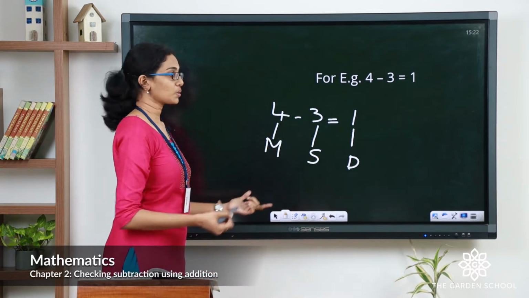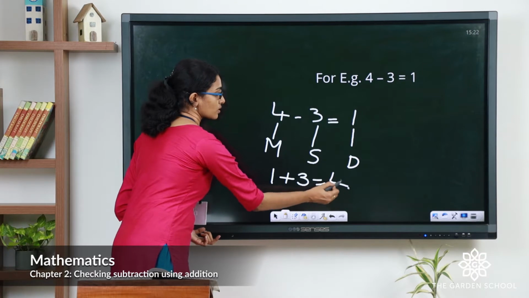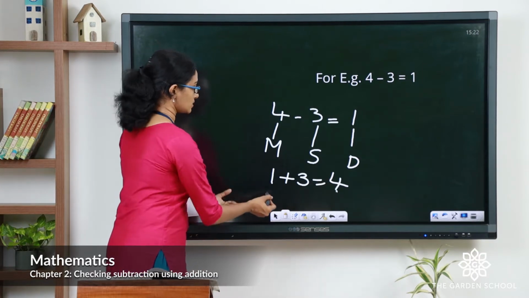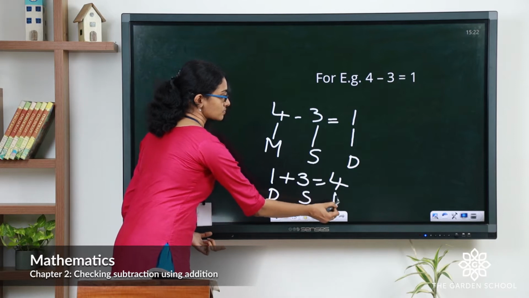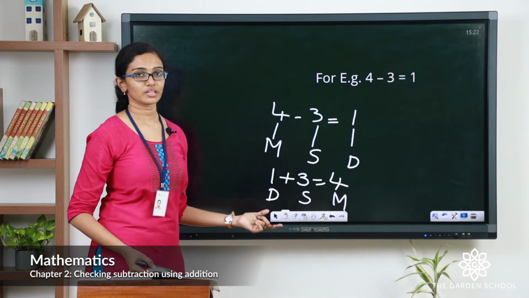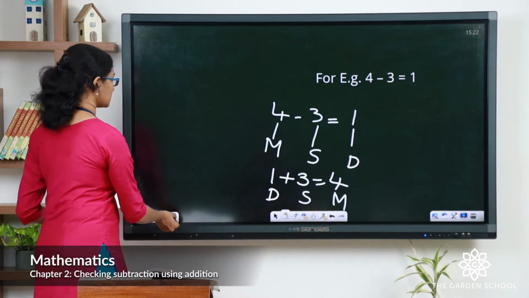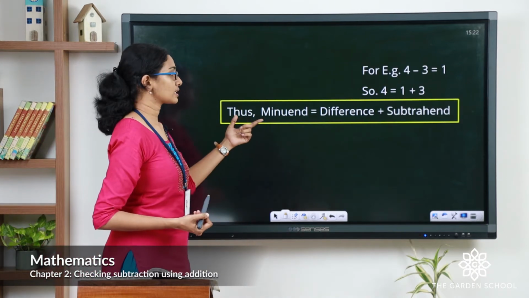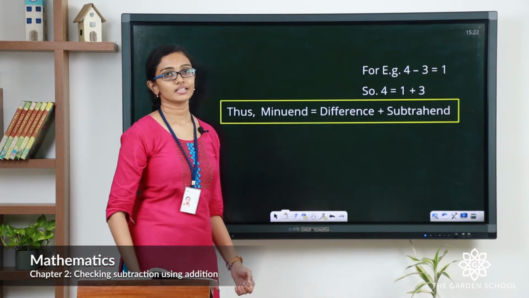So from this we can write 1 plus 3 equal to 4, right? Or this 1 is the difference, 3 is the subtrahend and 4 is the minuend. So from this simple example, we can say that the minuend is equal to the sum of the difference and the subtrahend.